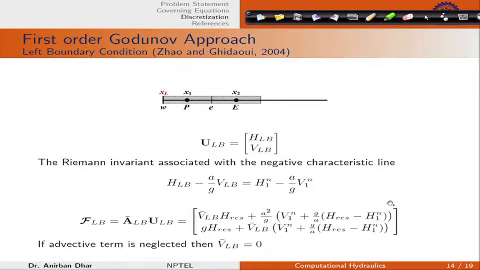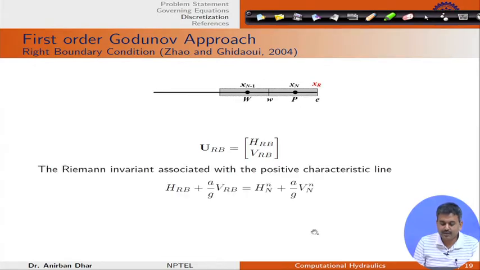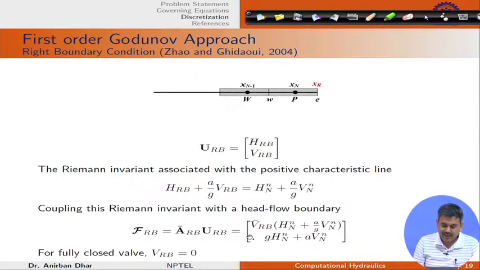Similarly, if we have no advective term, or we can neglect the advective term, then VLB bar should be 0. And at the right hand boundary again we have HRB and VRB, with the invariant associated with the positive characteristics line. So, this can be calculated by the Riemann invariant with a head condition.